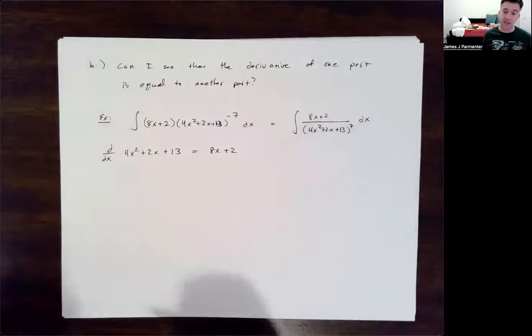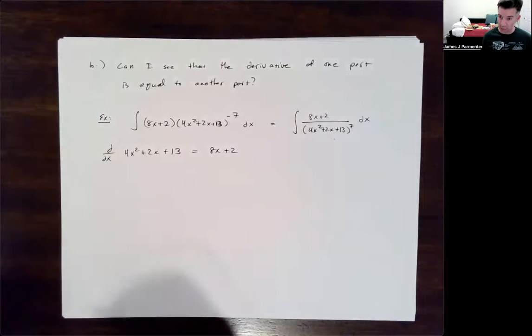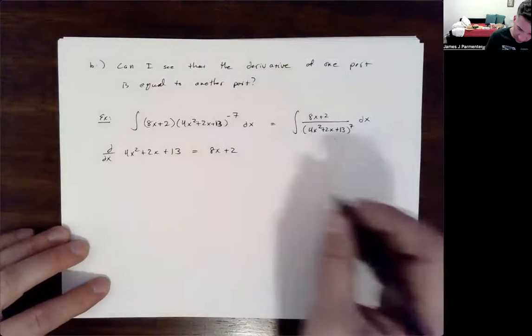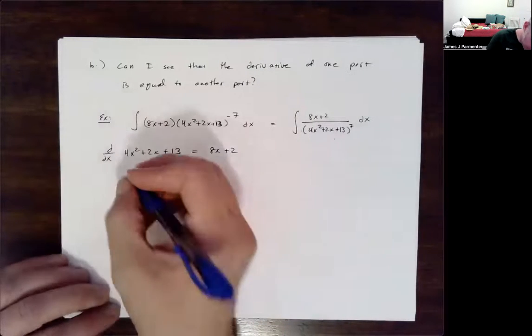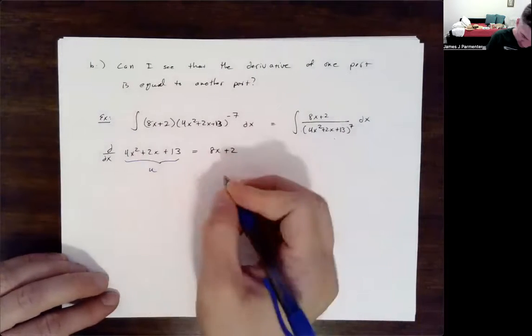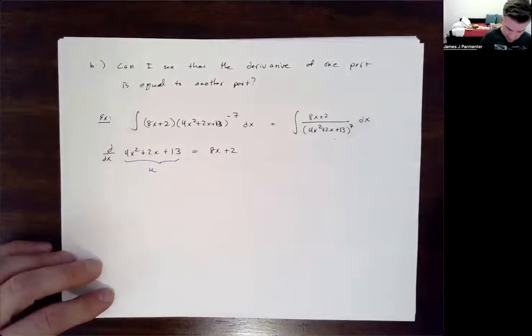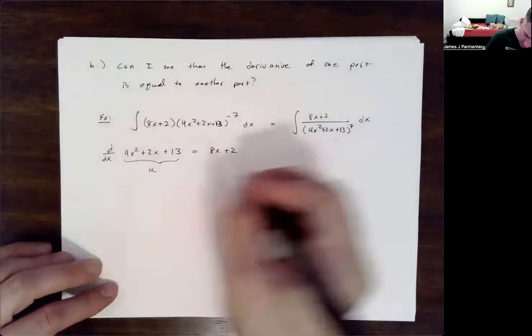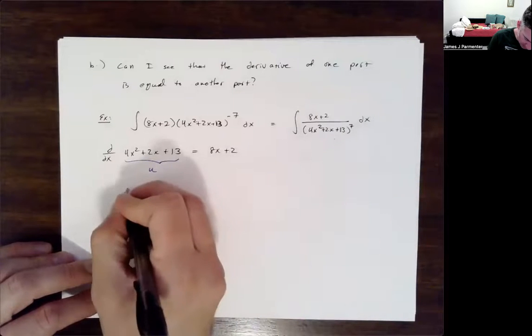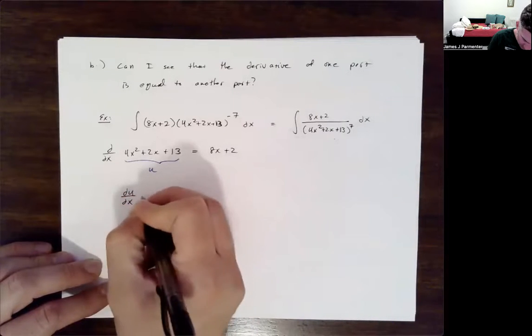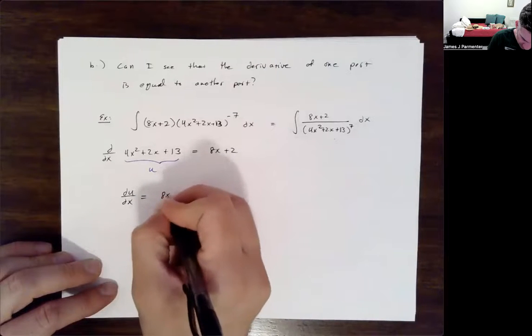If that's the case, that's a really good time to use U substitution. So our choice for U would be this thing right here. So we have that U is equal to 4x squared plus 2x plus 13, and our du dx is equal to 8x plus 2.